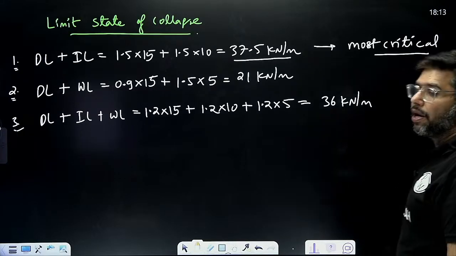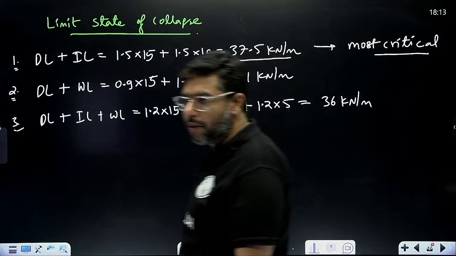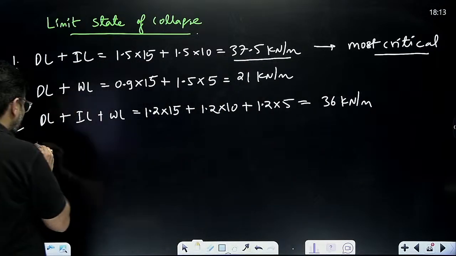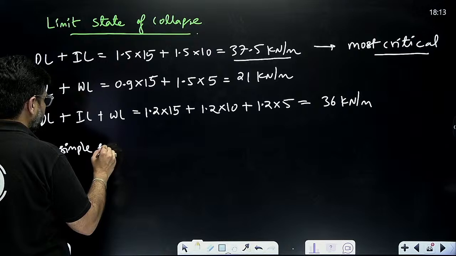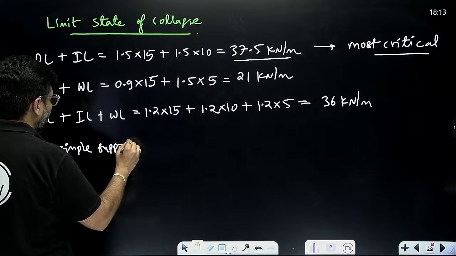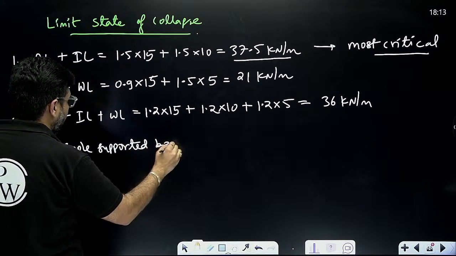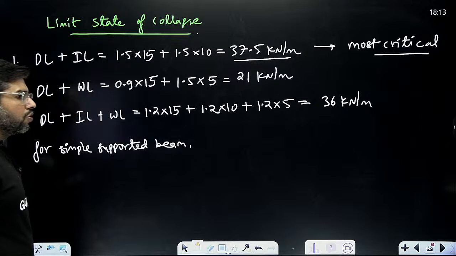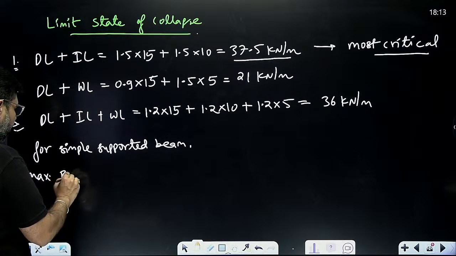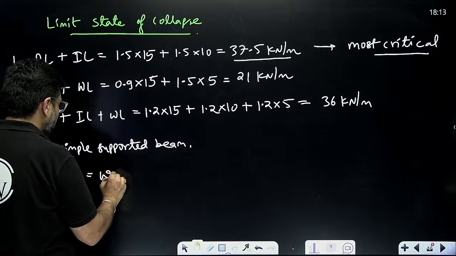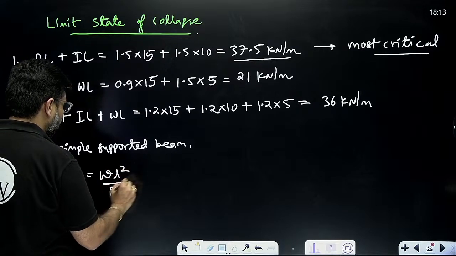So maximum bending moment for UDL is WL square by 8. You understand now? For simply supported beam, it was mentioned in the question, maximum bending moment is equal to WL square by 8.